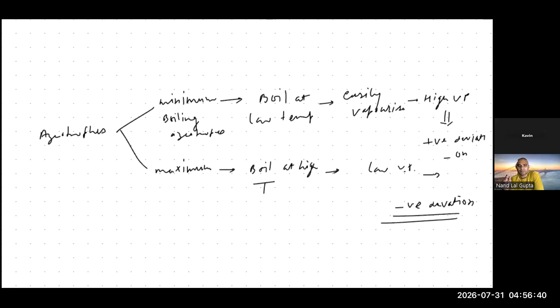Are you getting this? Okay, one last point. You tell me: P total greater than P1° x1 plus P2° x2, and another, P total less than P1° x1 plus P2° x2. Which is the case of positive deviation? Which is the case of negative deviation out of these two?